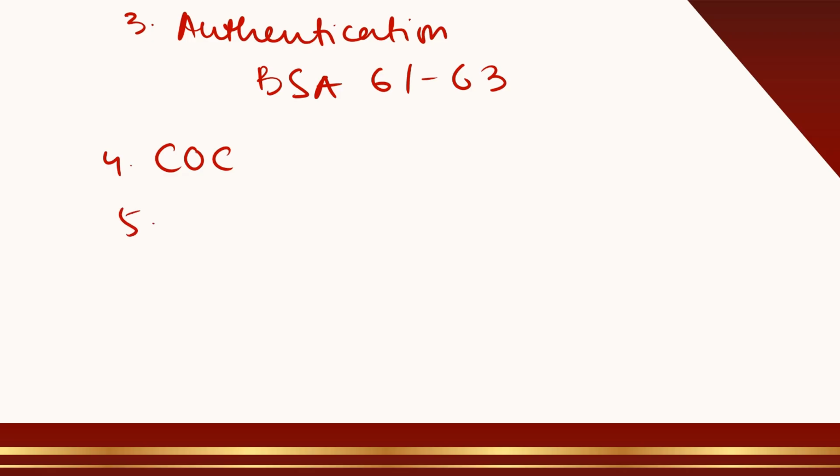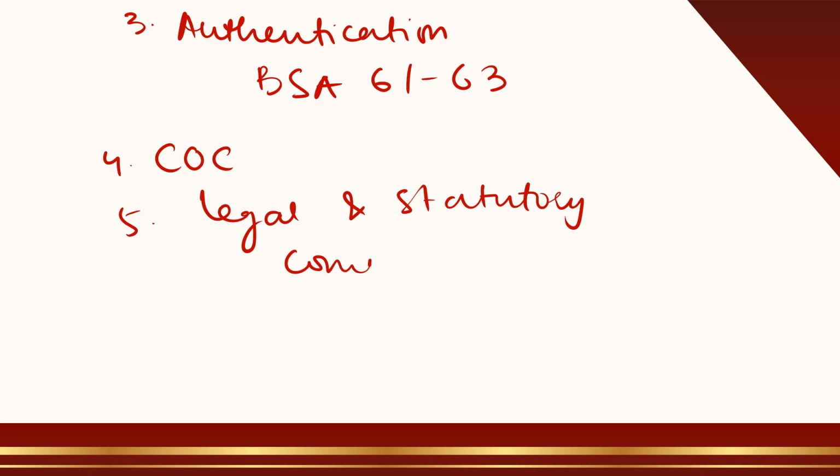Then we have the fifth condition, which is legal and statutory compliance. Even if the evidence is relevant and collected in the right way, it can still be rejected in court if it doesn't follow certain legal rules. For example, if the evidence is unfair or misleading, or might confuse the judge or jury, the court can decide not to accept it.